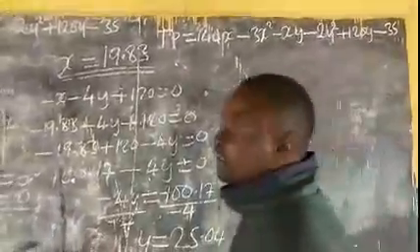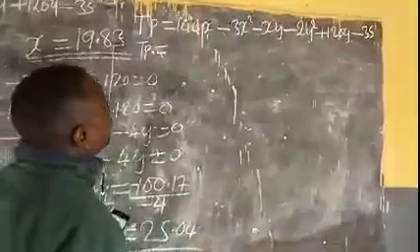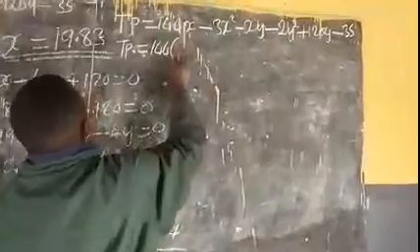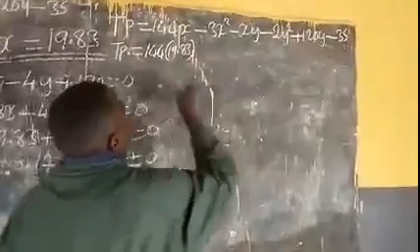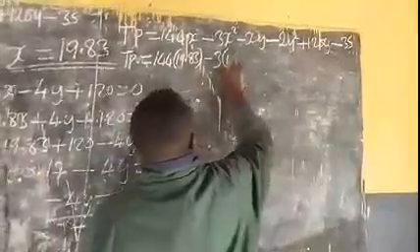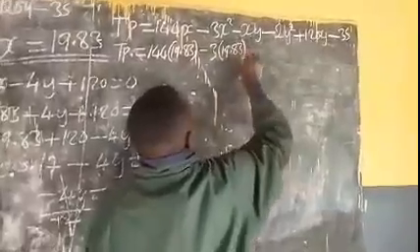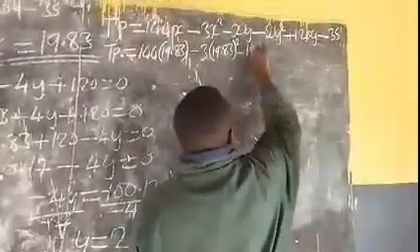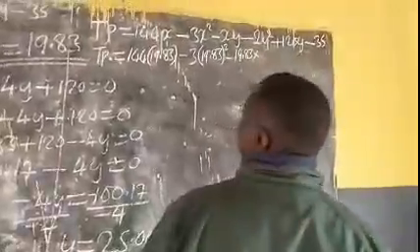So what does it mean? Where there is x, we put the value for x. So it will be 144 multiplied by 19.83 minus 3 open brackets 19.83 to the power 2 minus 19.83 multiplied by, what is our y?